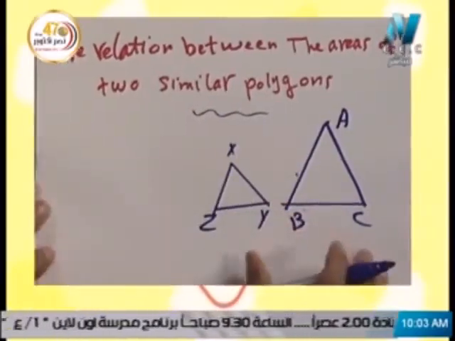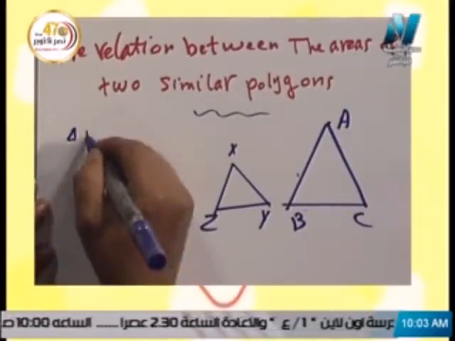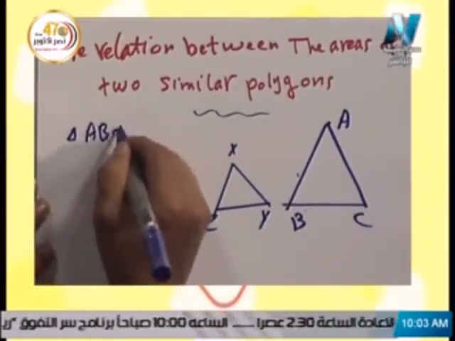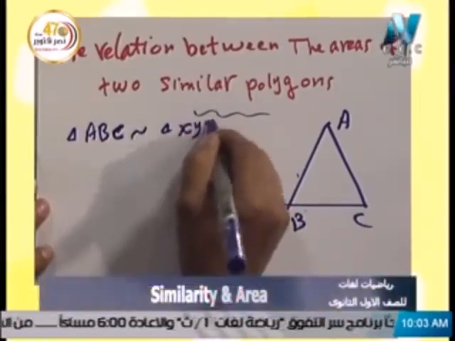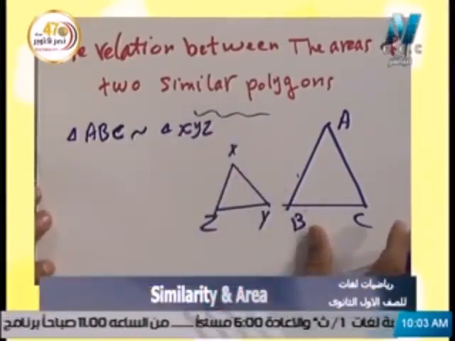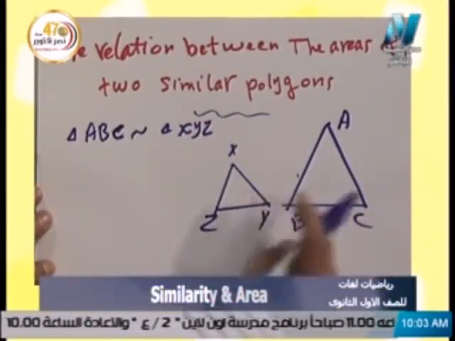If the two triangles are similar, such that triangle ABC is similar to triangle XYZ, what's the relation between these two triangles and their perimeter?